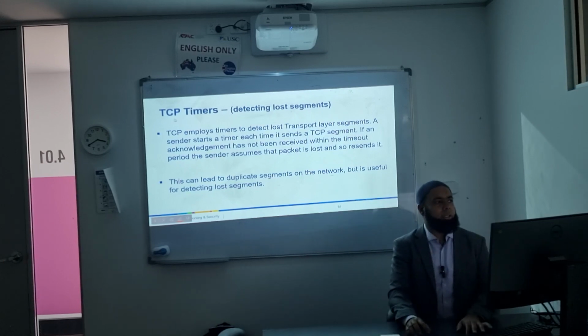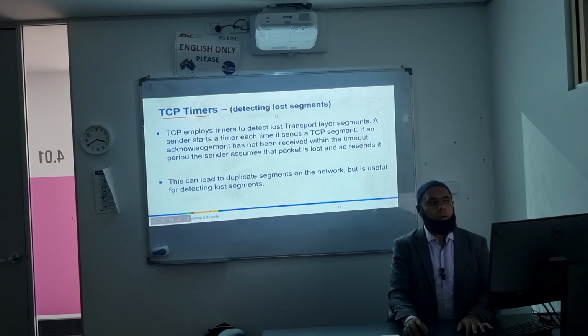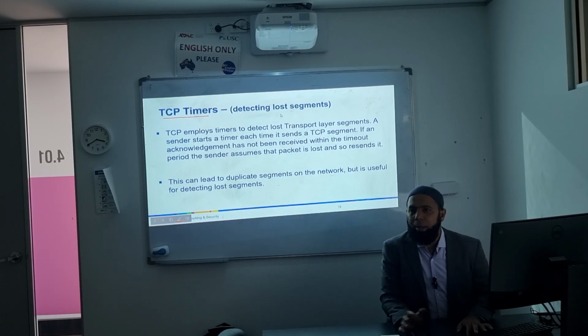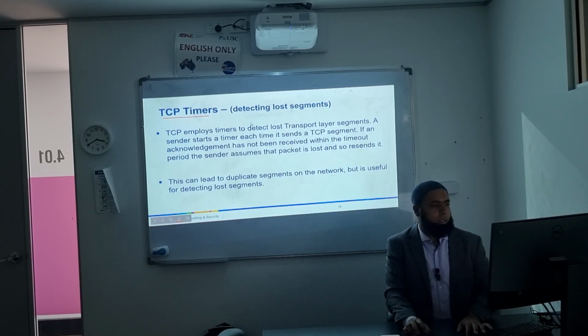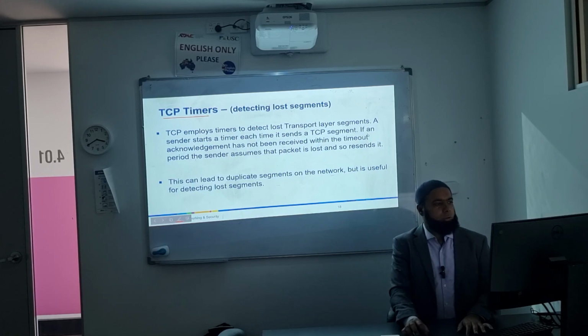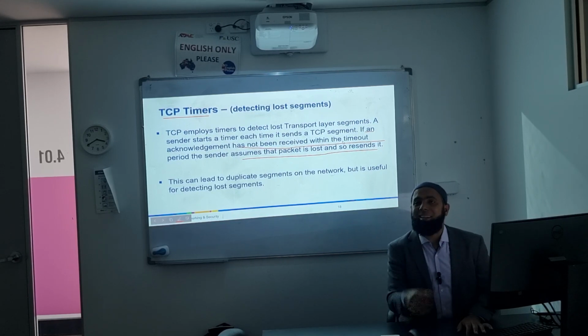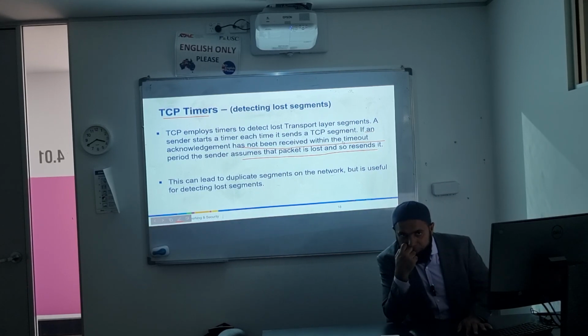So that's the job of the TCP timer, detecting any packet which is lost. Okay, so if an acknowledgement has not been received within the timeout, then the sender assumes that the packet is lost and it will resend it again.